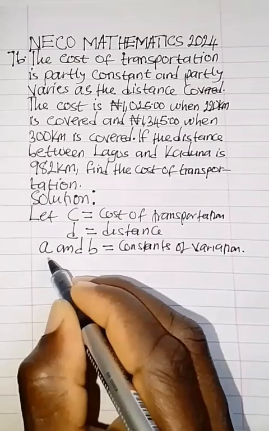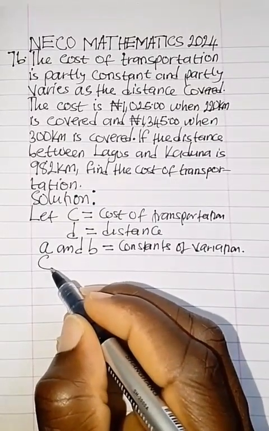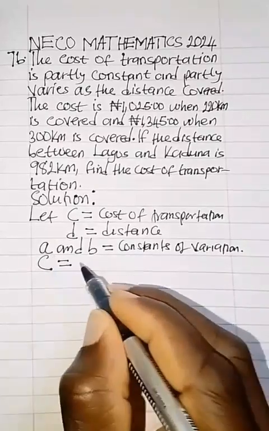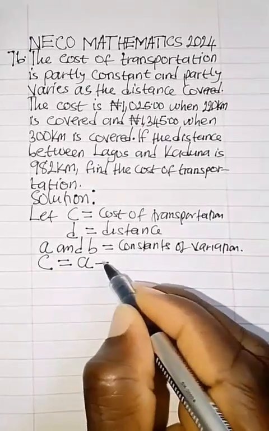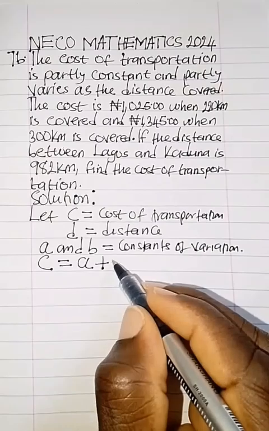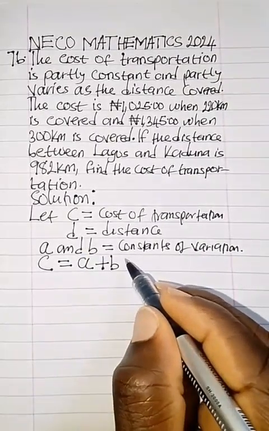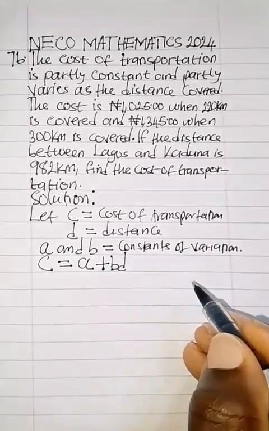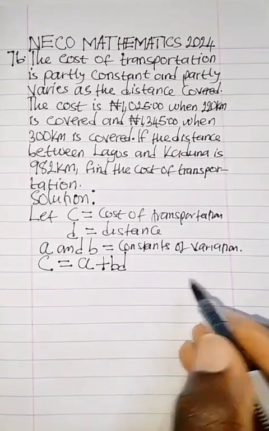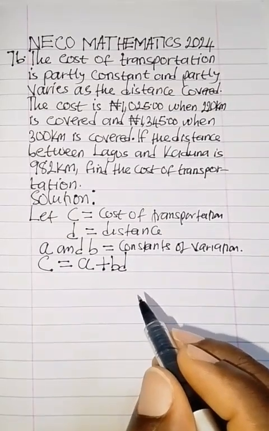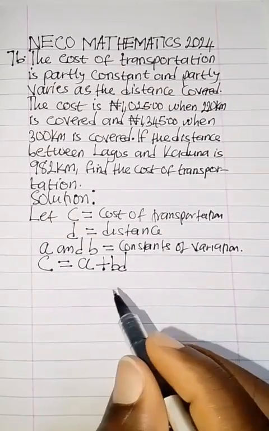So we have C is partly constant, so C equals the first constant plus the second constant times the second variable. This is the relationship from partial variation.